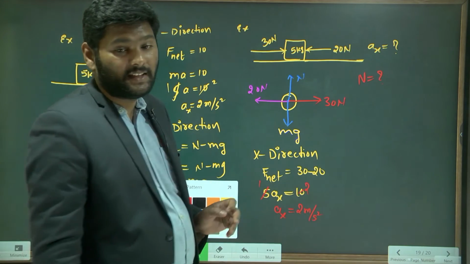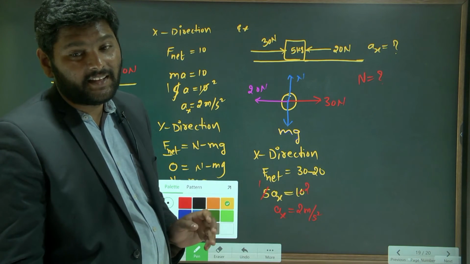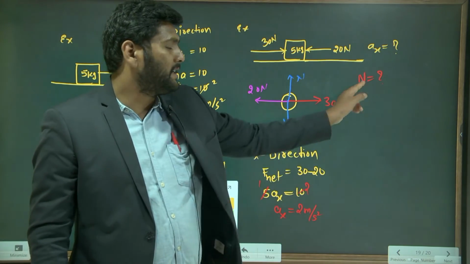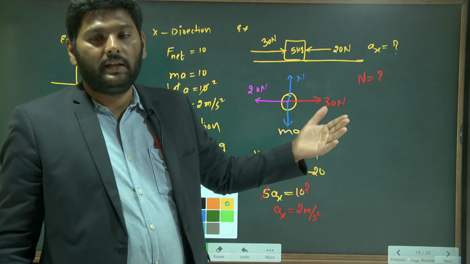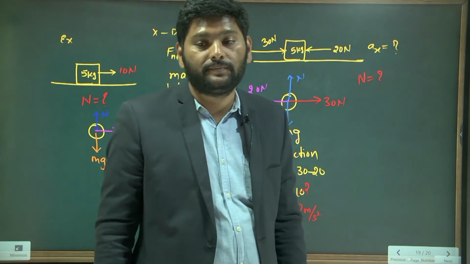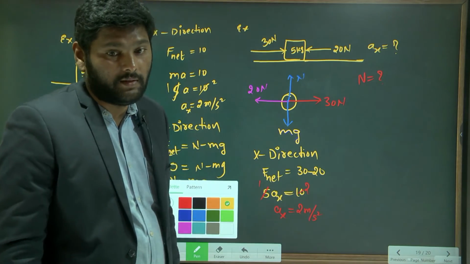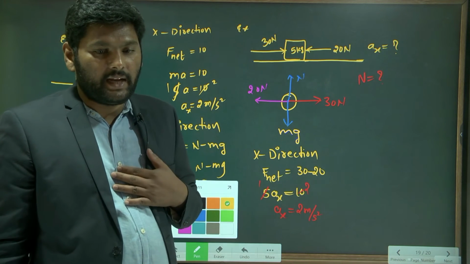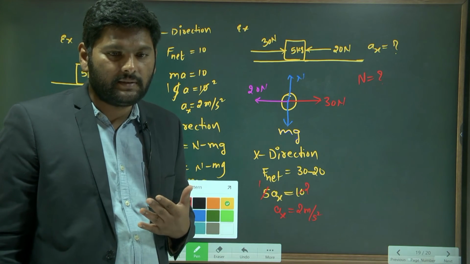X or Y? To find the normal reaction, we have to take the net force along the X direction or the Y direction? X direction. Is it right? Sir, I am asking about the normal reaction.